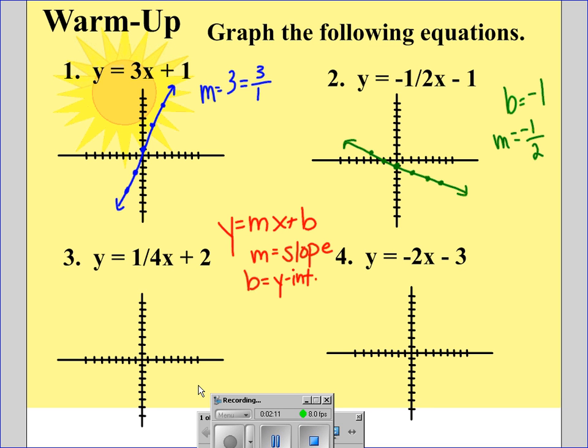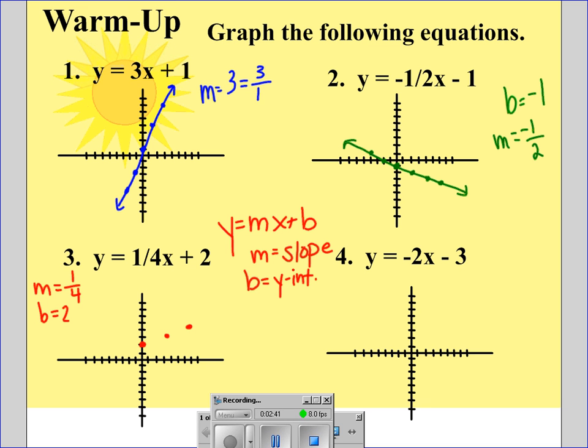Number 3, our slope is up 1 over 4. Our y-intercept b is 2. That's where we start. We put a point on the y-axis at positive 2, because b is positive 2. My rise over run is positive 1 and positive 4. That means I'm going to go up and to the right. I go up 1 and over to the right 4, up 1 and over to the right 4.